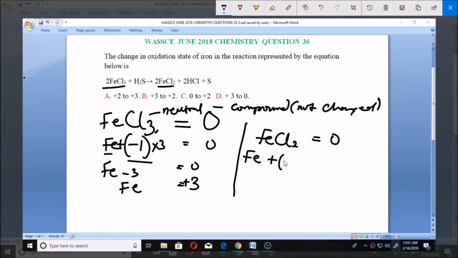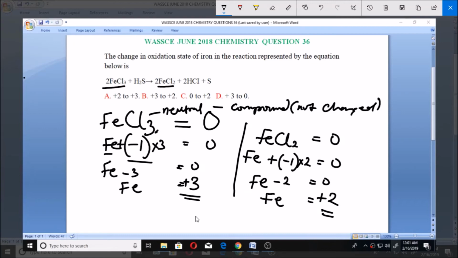The oxidation number of chlorine is -1, and because it is 2, we multiply by 2, equal to 0. So we now have the oxidation number of iron plus -1 times 2, which gives -2, equal to 0. So making the oxidation number of iron the subject, the -2 going over to this side will become +2. So you can see that the oxidation number of iron here is +3, but here it is +2.